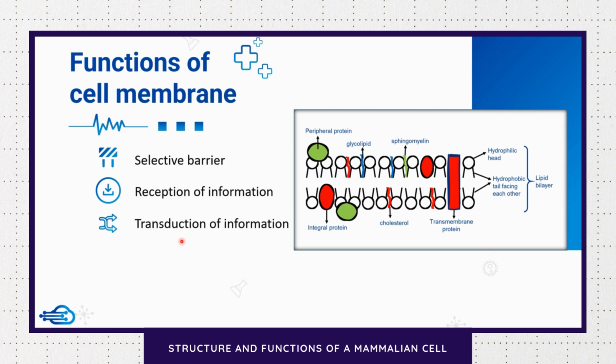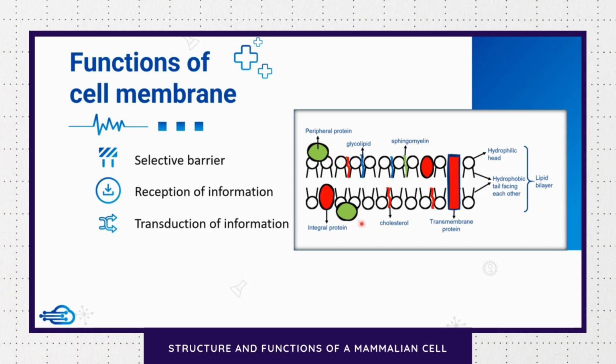Third, there is transduction of this information. Transduction means there is conversion of one form of energy to another form of energy. So, say suppose there is some chemical concentration change outside the cell, it should lead to conveying of information into the cell, isn't it?